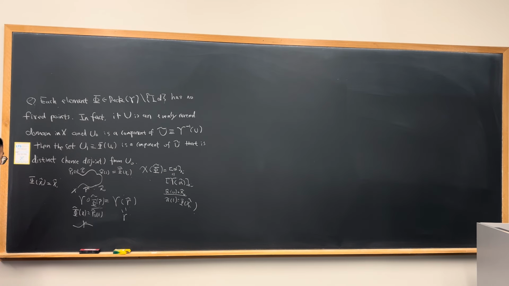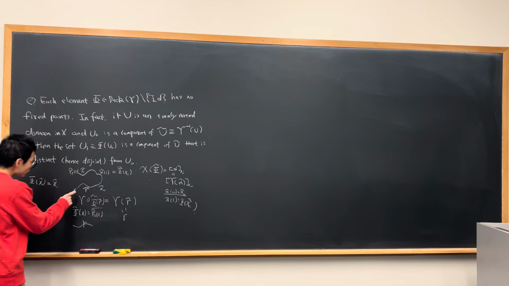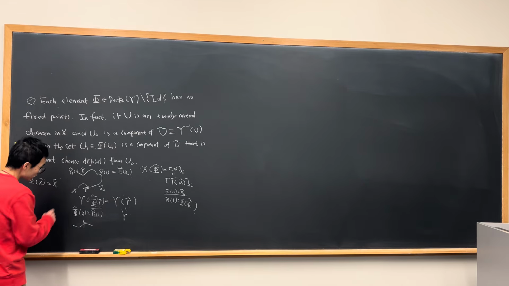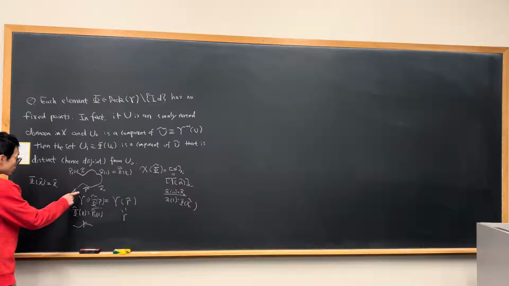So this implies what? Any path is being fixed. I think that just shows the result, right? Because this x is also arbitrary, and this gamma is also arbitrary.